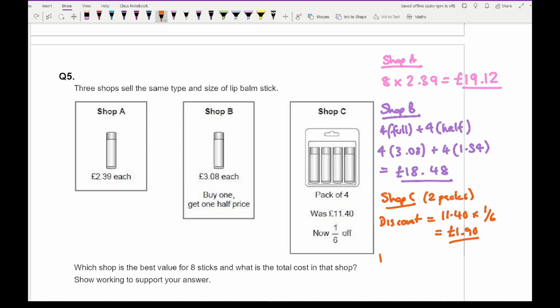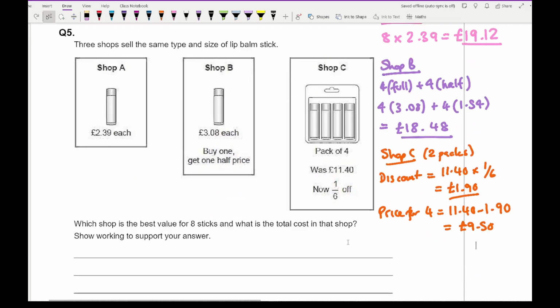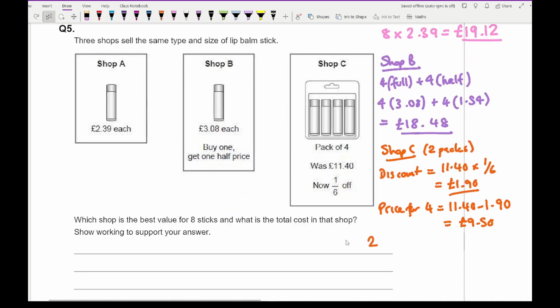Then the price for 4 is going to be £11.40 minus £1.90, which gives me a price of £9.50. Now with shop C, I need to buy 2 of those. So 2 packs is going to equal 2 lots of £9.50, which comes up to £19.